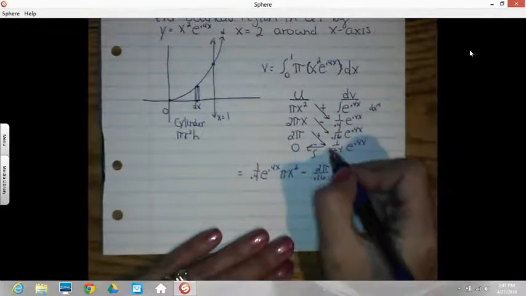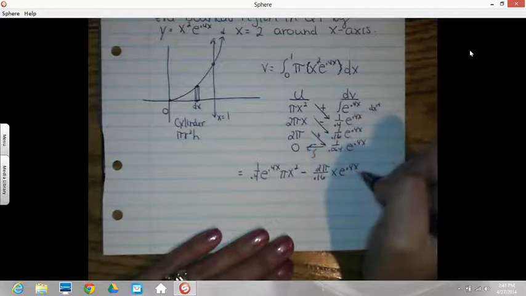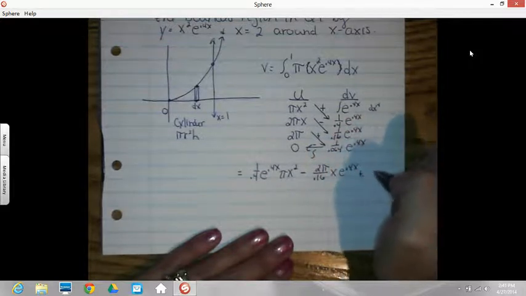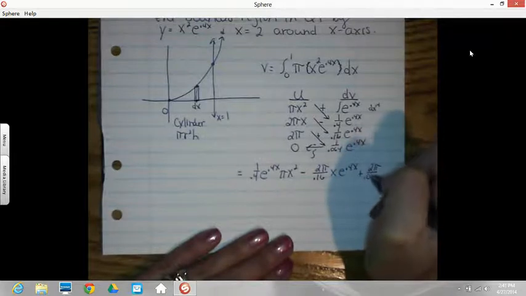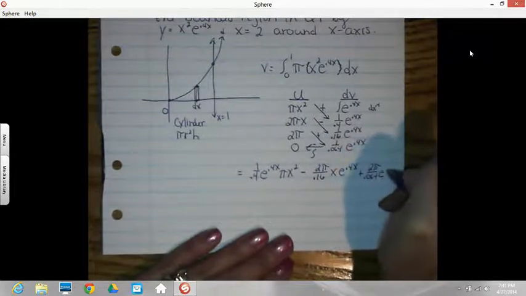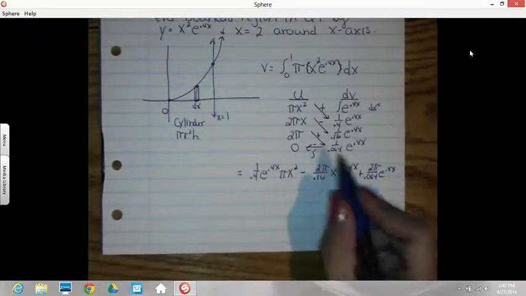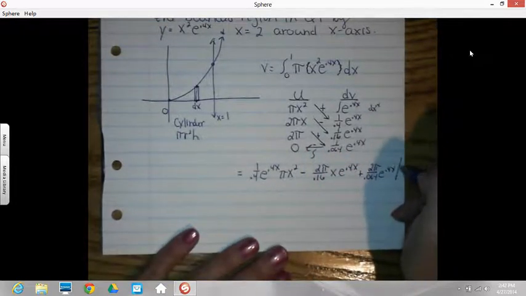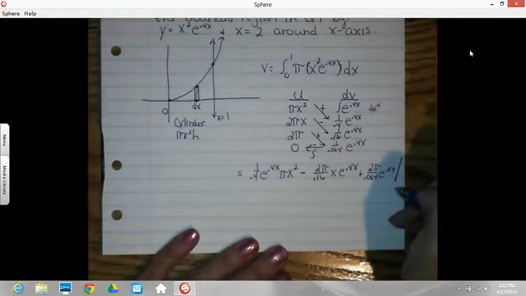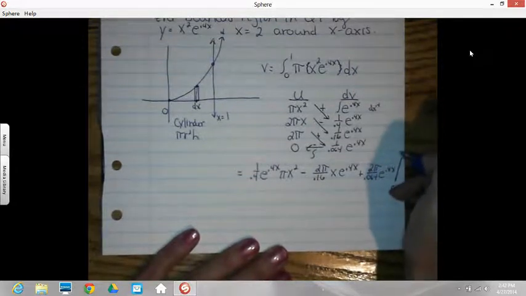And my last one here is going to be plus 2 pi over 0.064 e to the 0.4x. And then integrating 0, 0. I don't need a plus c because I'm evaluating from 0 to 1.